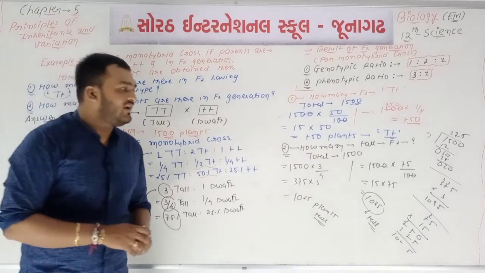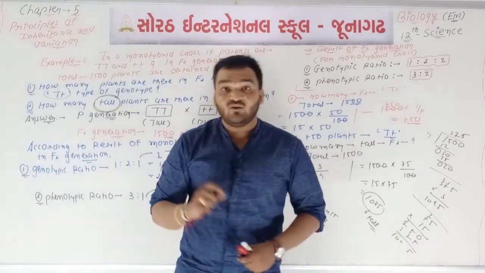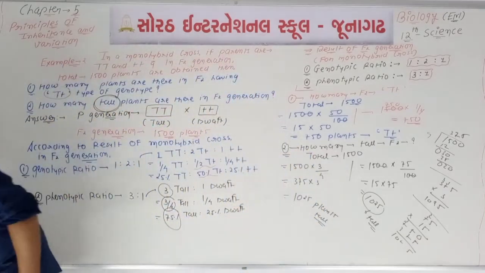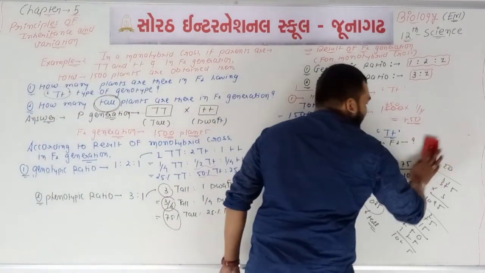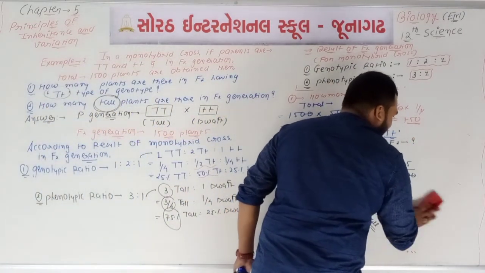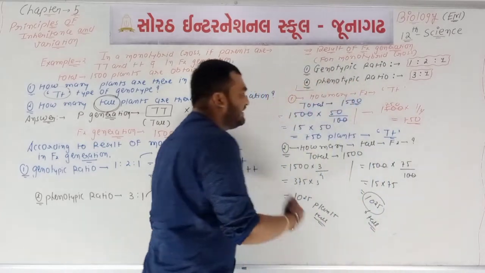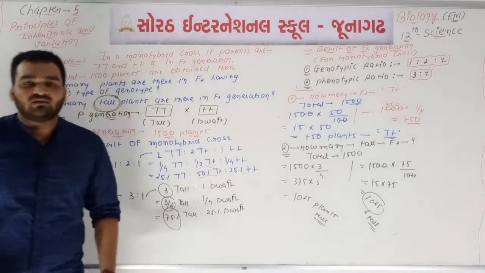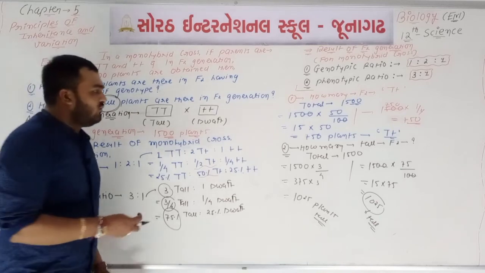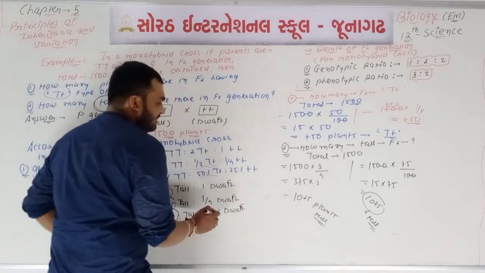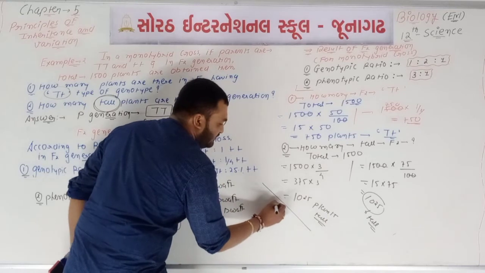Now I am giving you a short technique. You can only use this technique if it is an MCQ, because if this example is asked for 2 or 3 marks, then you are not able to use this technique.